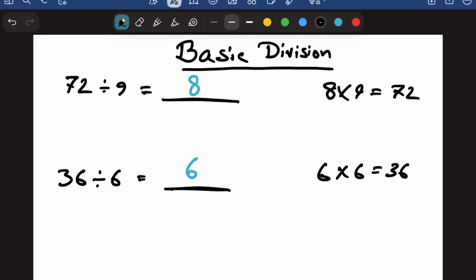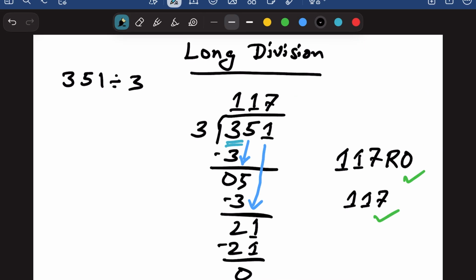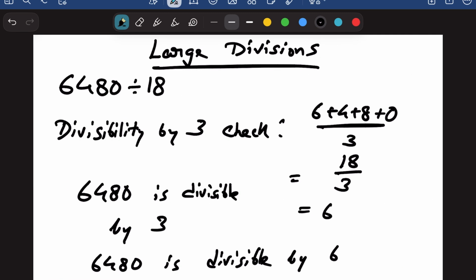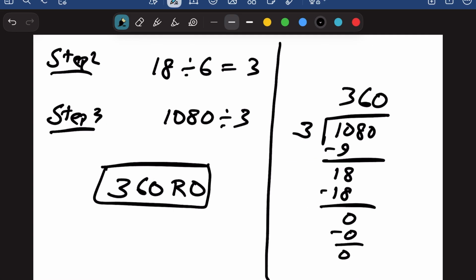For example, these ones where you can directly write the answer. For slightly larger dividends, you have to do long divisions where you set it up like this. And then for large divisions, the strategy is to divide both numbers by a common number to make both numbers smaller, and then you divide it regularly as a long division.